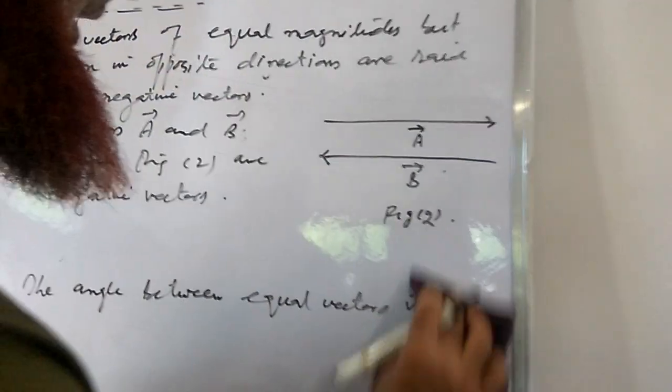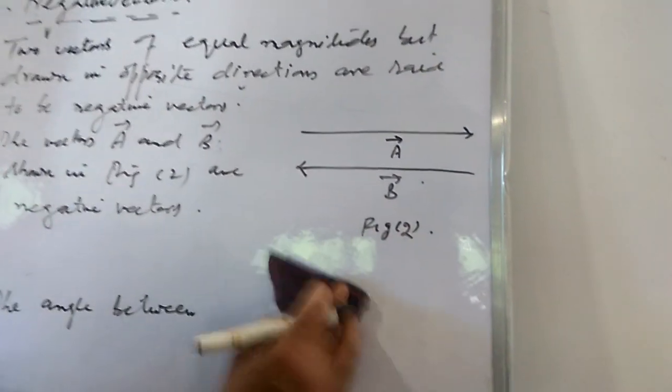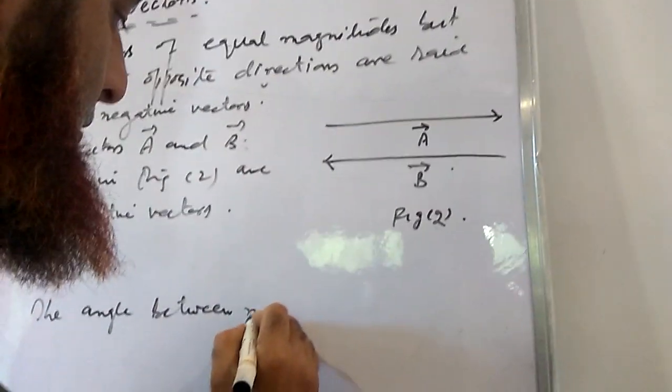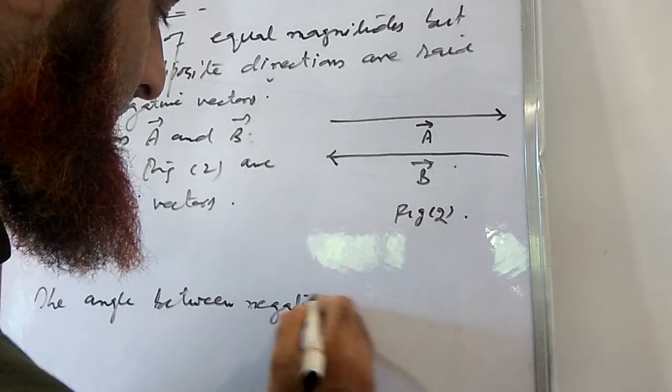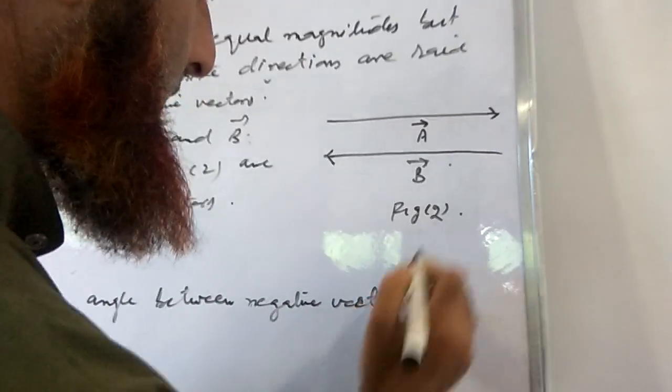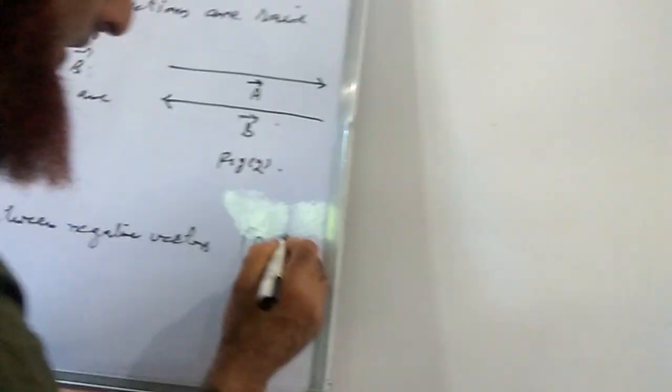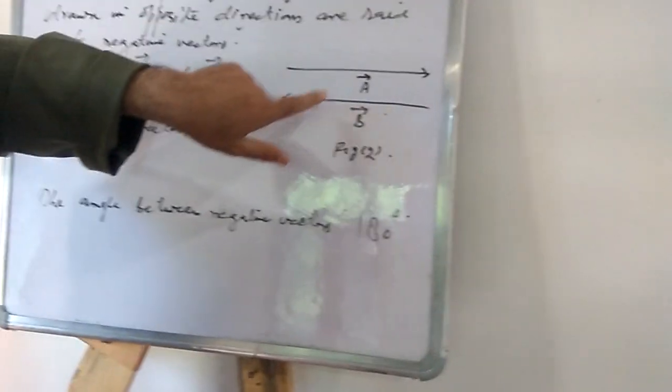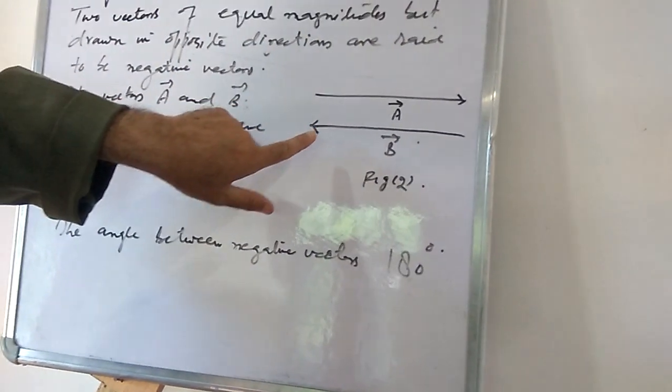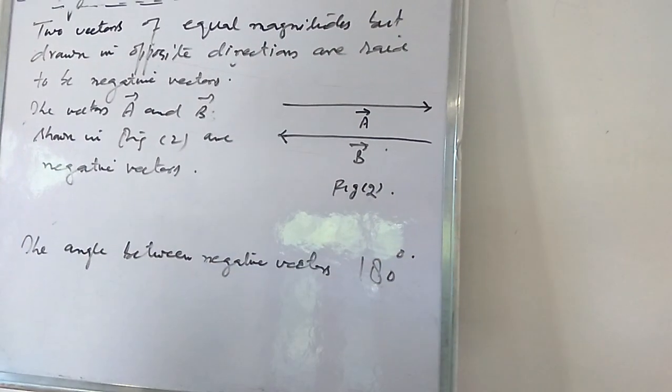And the angle between negative vectors is 180 degree, or you can say pi radians. The angle between equal vectors is 0 degree and the angle between negative vectors is 180 degree or pi radians.